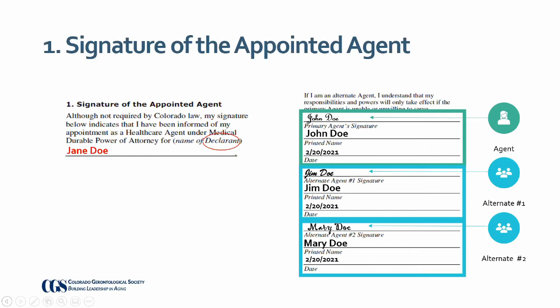We have his signature, his printed name, and full date when he signed. And the same for alternate number two, Mary Doe's signature, her printed name, and full date. So once again, this section is completely optional, but it does open the doors for you to follow up and continue engagement with both your agent and alternates.